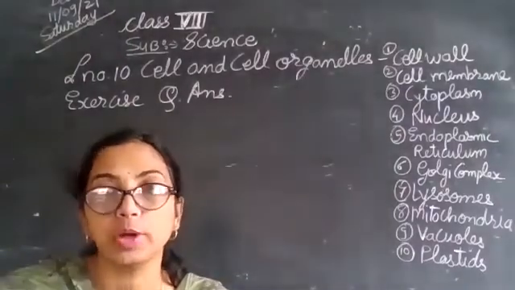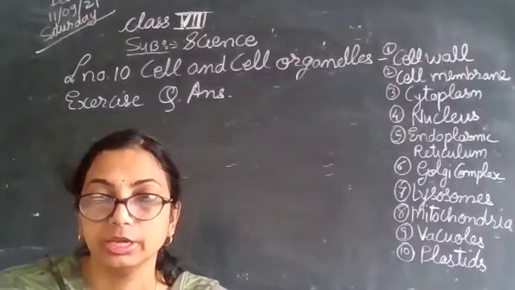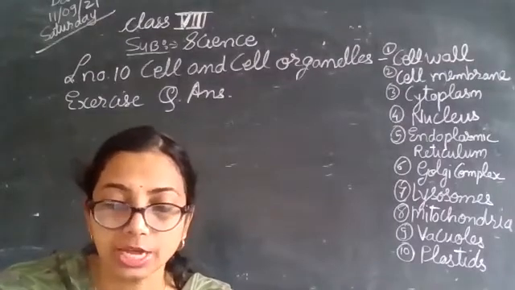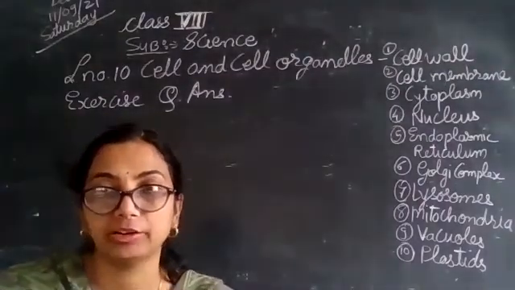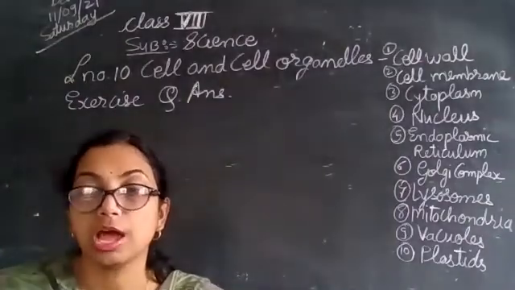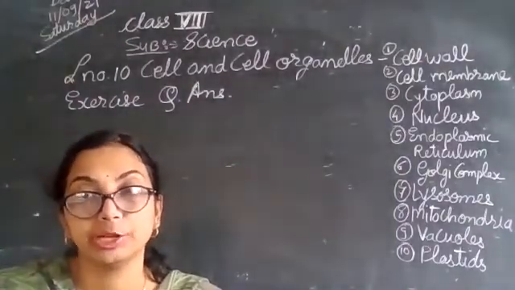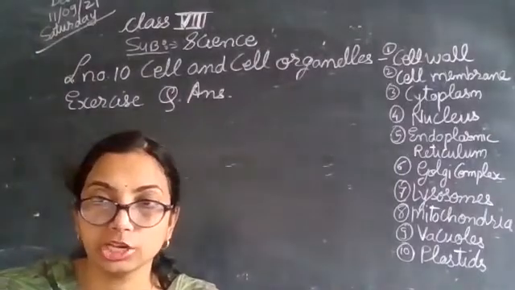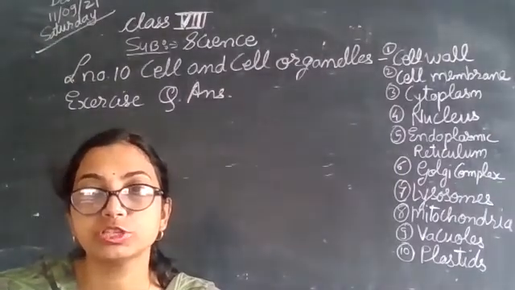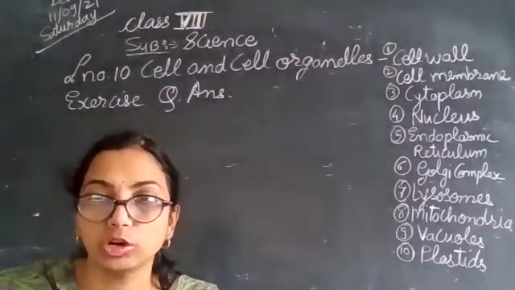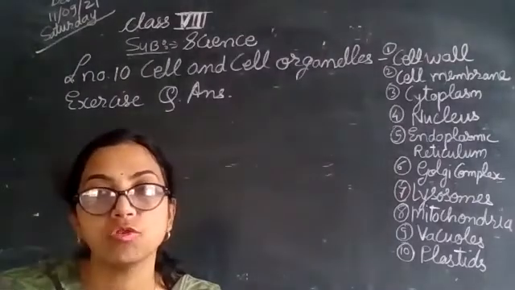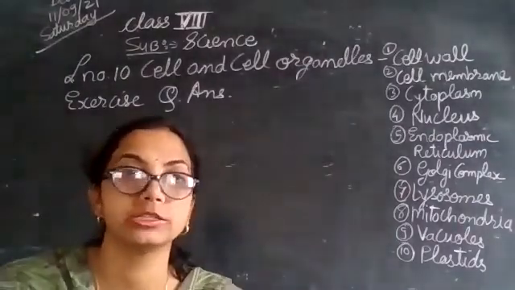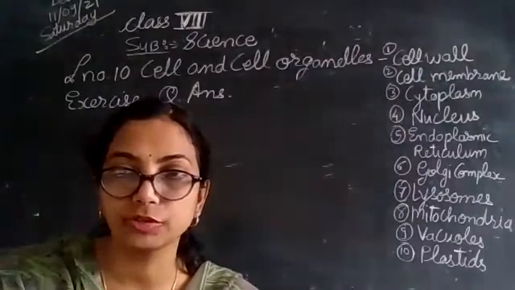First question is, who am I? First, I am ATP producing factory. We have all read that ATP, the form of energy, is produced by mitochondria in the cell. Therefore, mitochondria is also called the powerhouse of the cell.